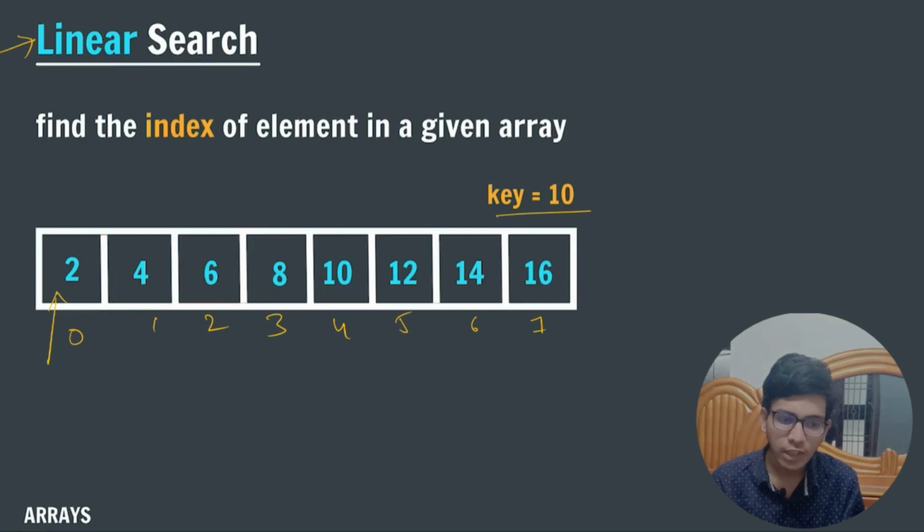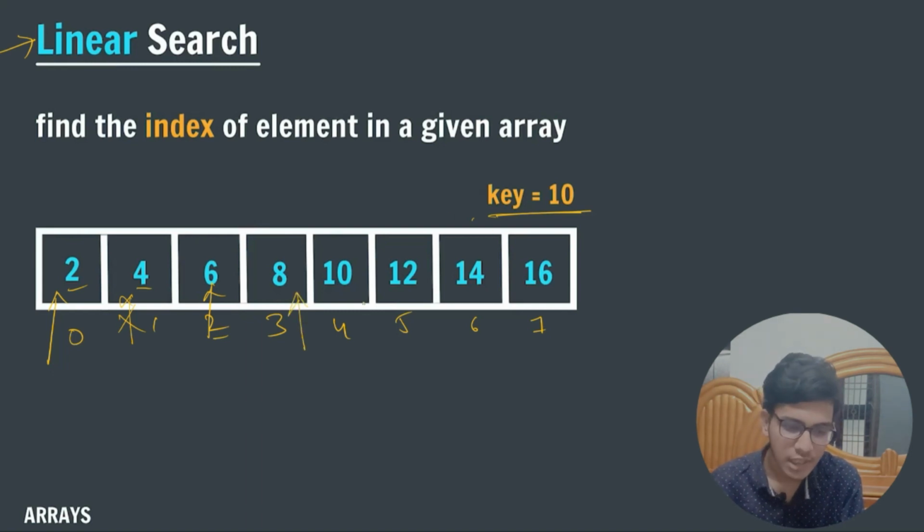This indicator will see whether the provided key is present or not. Here the provided key is 10. This element is 2. No, if it is not present, then come to the next index. Here the key is 10 and the element is 4. No, come to the next iteration, and in the next iteration the element is 6 and the key is 10.